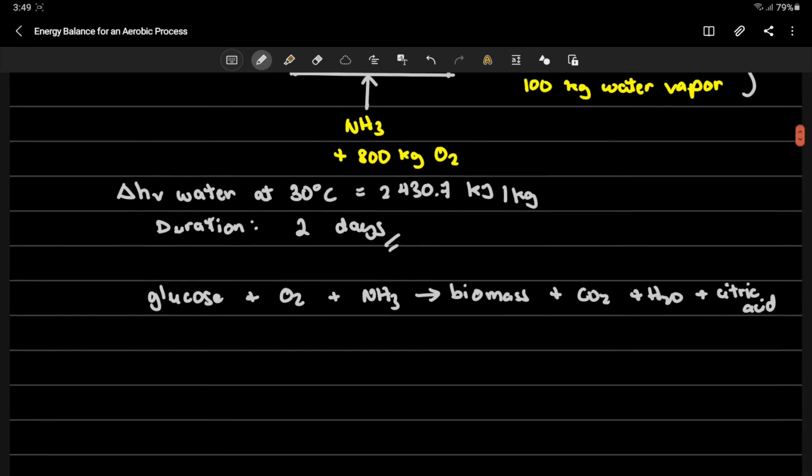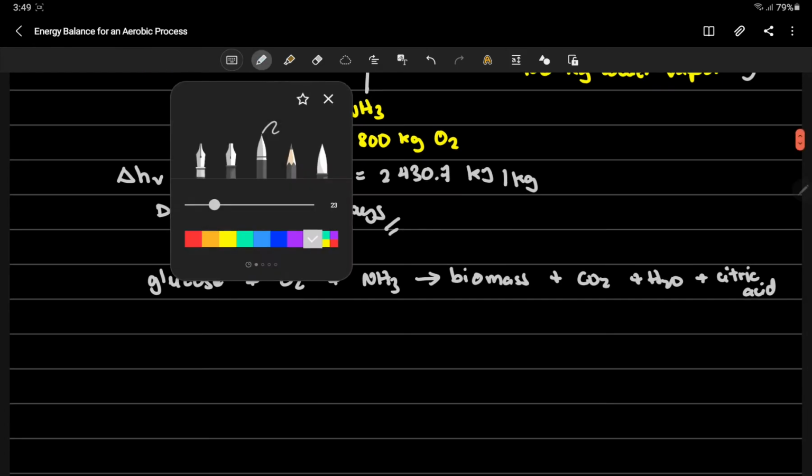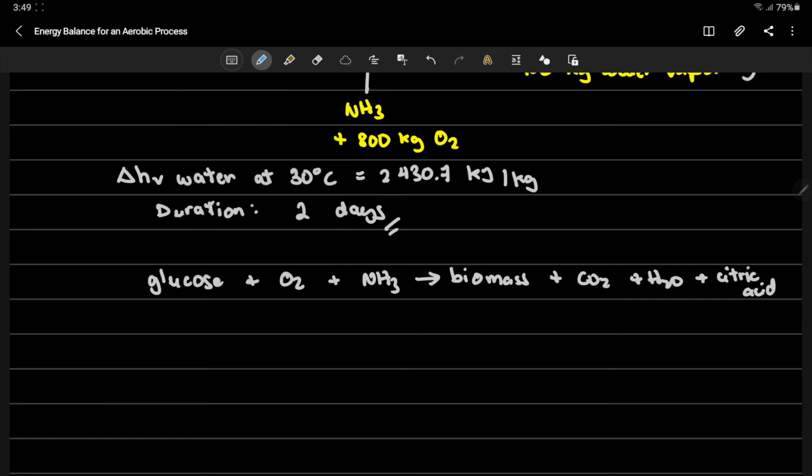Now, what is our general energy balance equation for a bioprocess? If you review the video lecture last time, 'di ba, ang nakuha natin is minus the enthalpy of reaction minus yung we have to account for the evaporation minus Q plus shaft work equals 0 kasi steady state yung assumption natin again this time.